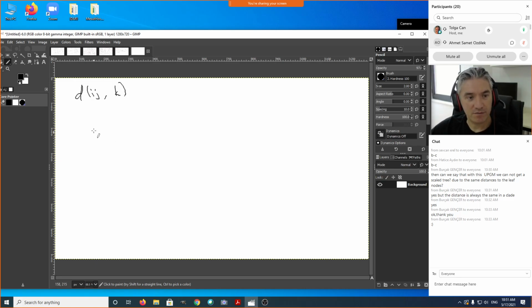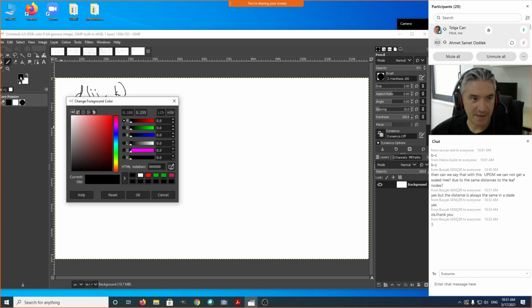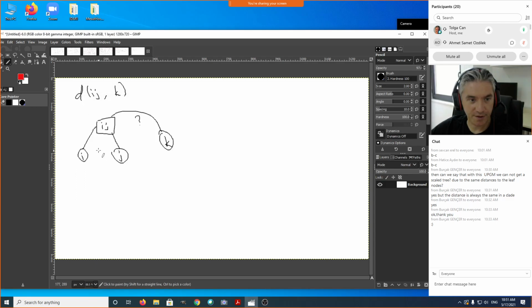Imagine we have combined i and j together into this node ij, and for a particular node k, we want to figure out what this value is. Now, I'm going to label these three branches x, y, and z.